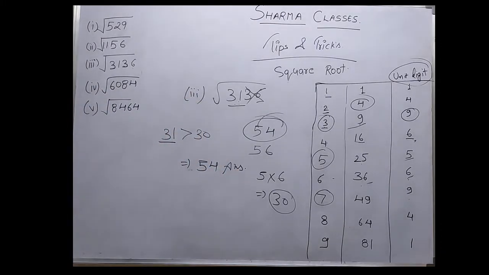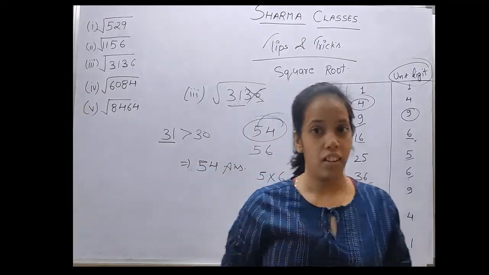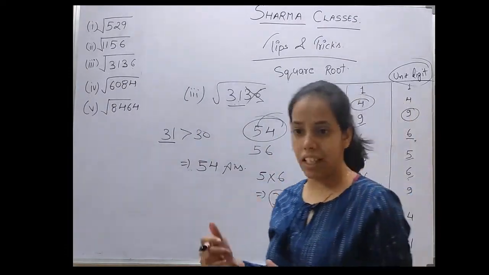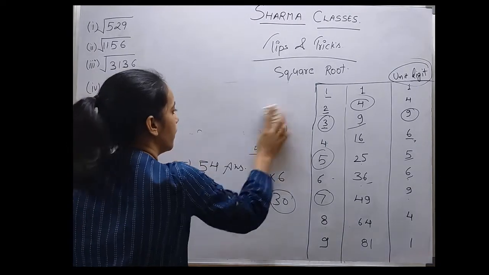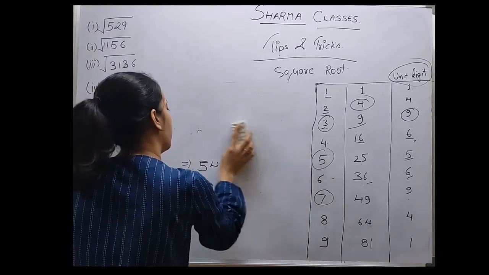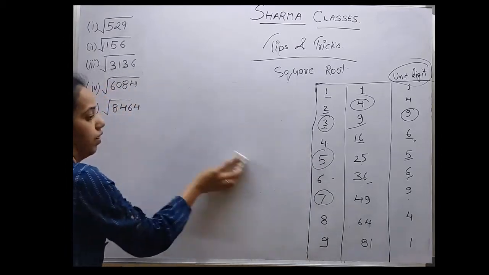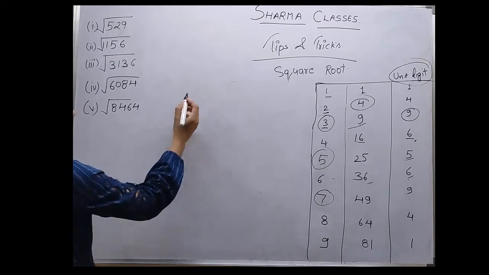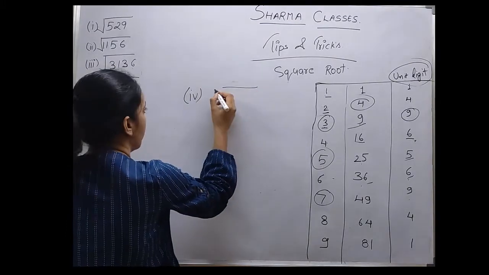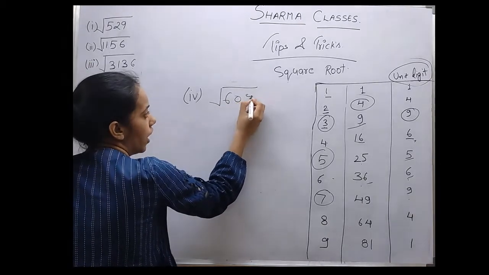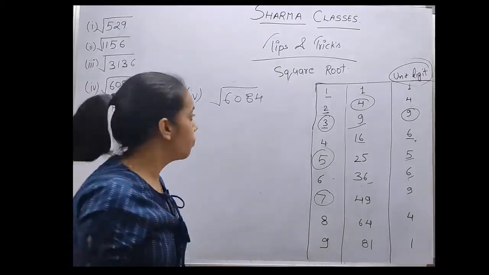Okay, friends? Let's take some more examples. Fourth example, 6084. Same, 4.